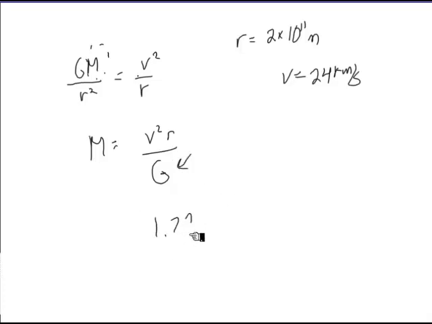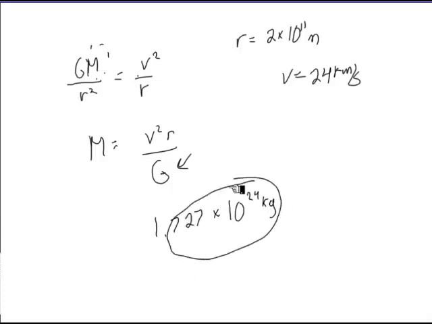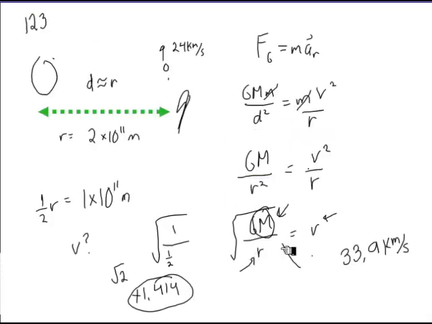So 1.727 times 10 to the 24. And then you can just take this value and use it to solve the problem you were stuck with before, with the new radius. And you should get the same number. Okay, so I'll go ahead and pause there.